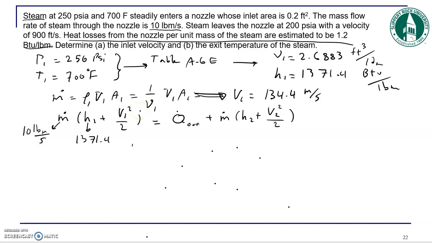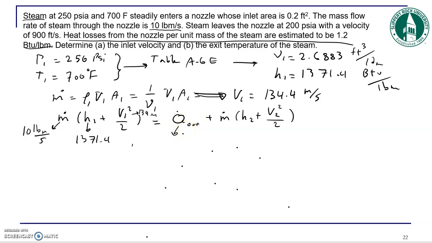And we have the entrance velocity, which is equal to 134.4. That's what we found from the previous part. We have the Q, which is given per unit mass.